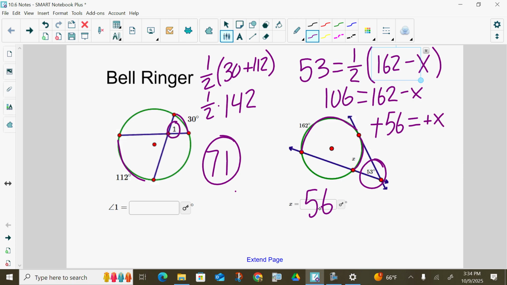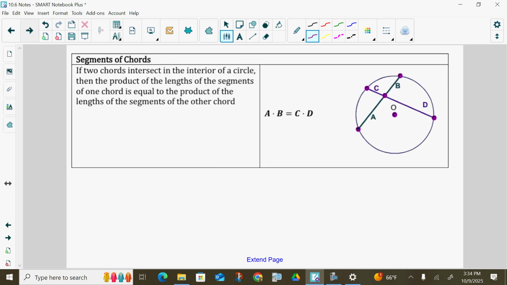We're going to be talking about segment lengths and circles. And we're going to start with segments of chords. So I'm going to start by reading the theorem, and then we're going to talk about what it means. Our theorem says if two chords intersect in the interior of a circle, then the product of the length of the segments of one chord is equal to the product of the length of the segments of the other chord.